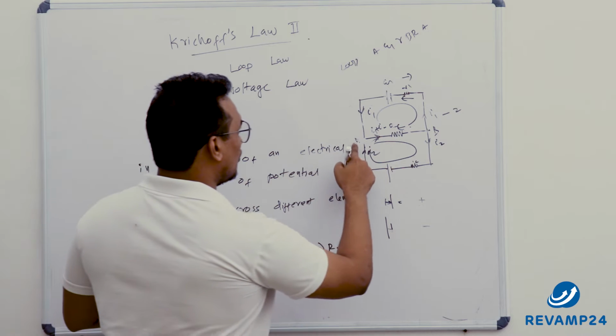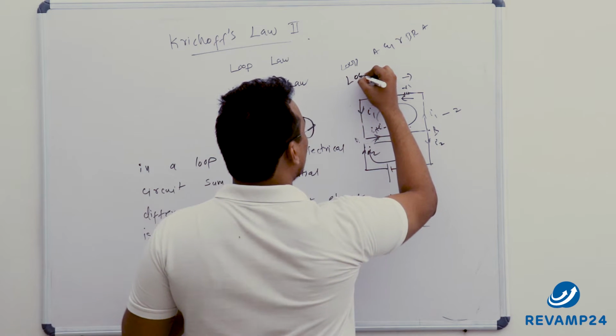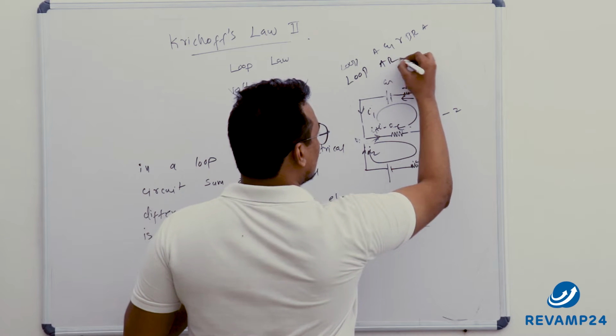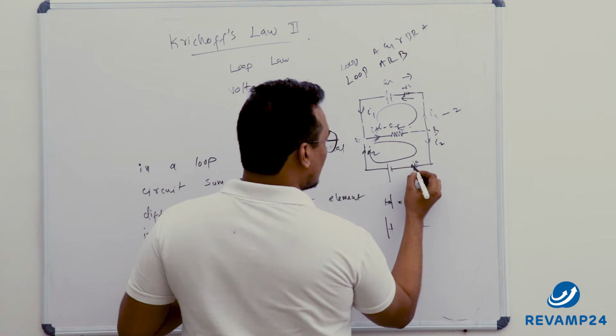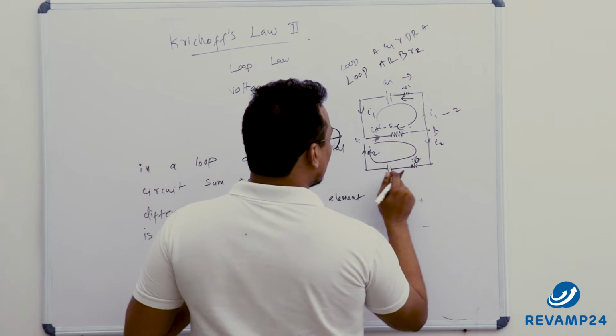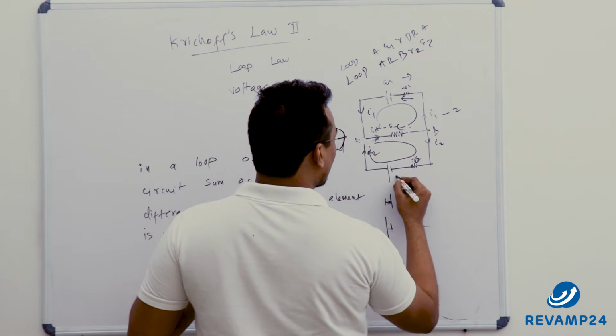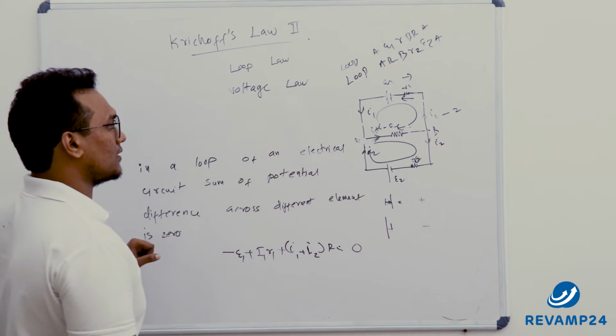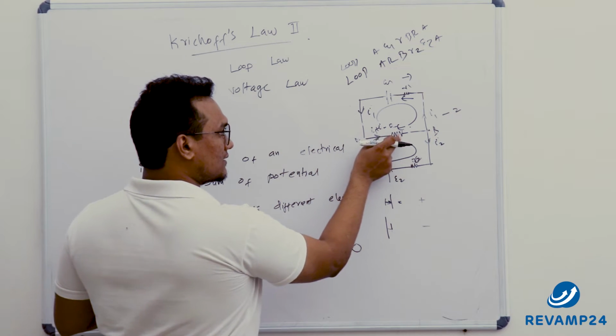Now which one is the loop? Loop A, then resistance, then B, then let's say this is R2, then cell E2, then coming back to A. Can you tell me the equation? Our finger is moving in this direction.